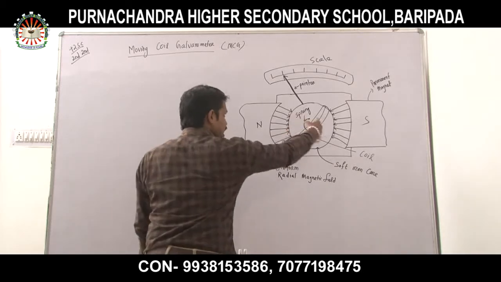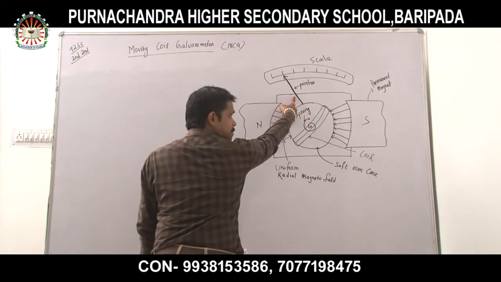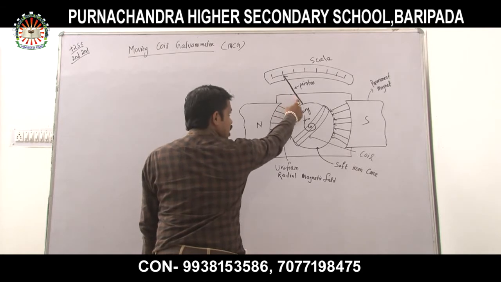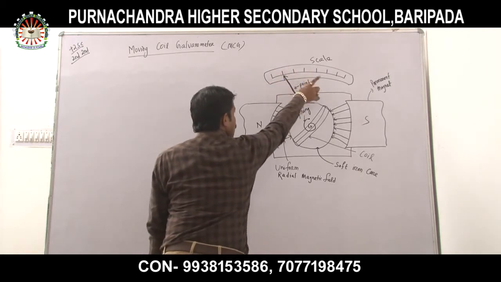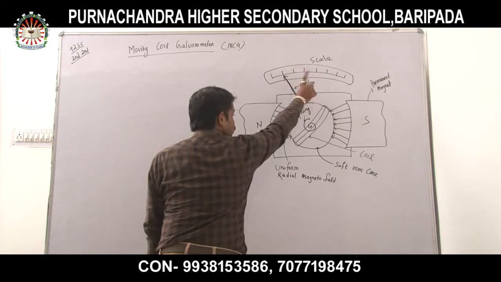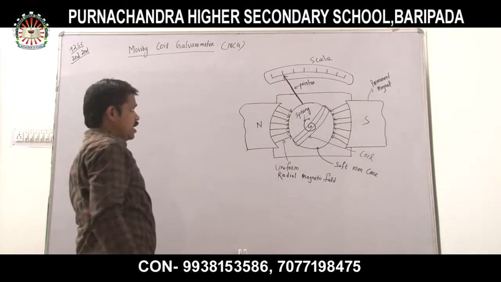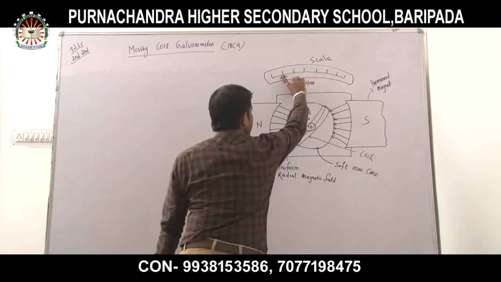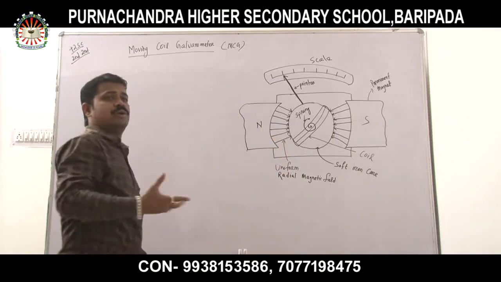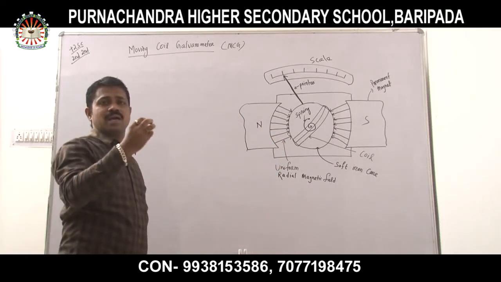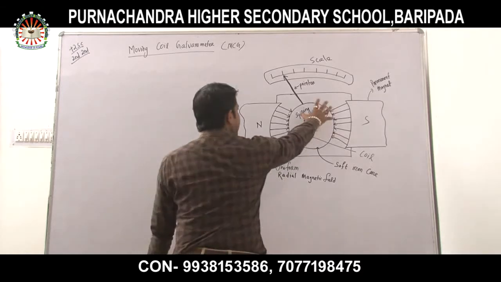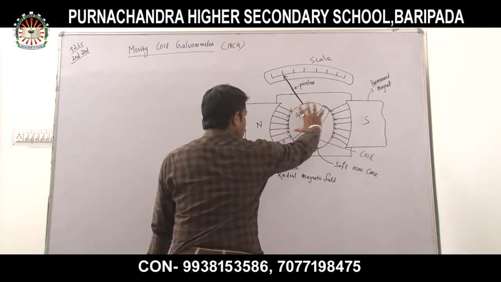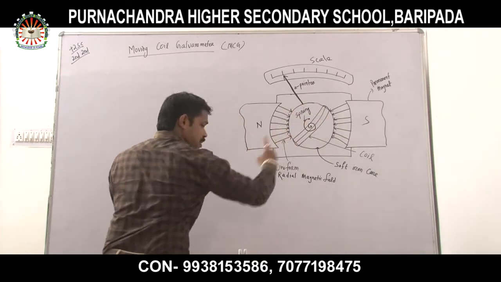Another end is connected to a pointer. What is the function of the pointer? The pointer helps to deflect on the scale and to give us the measurement of the small current. Understood? And the whole structure is present within a magnetic field.